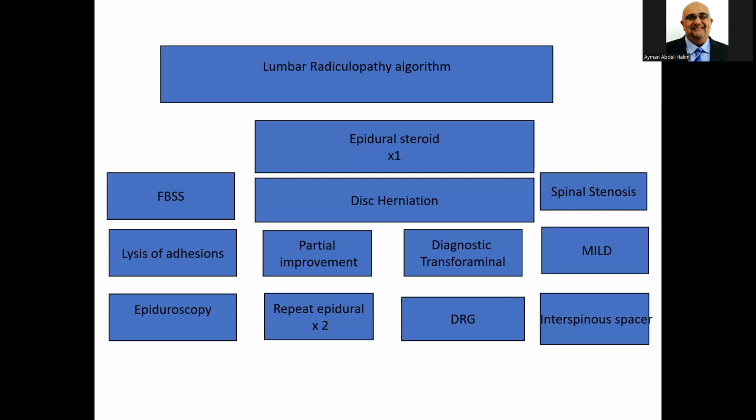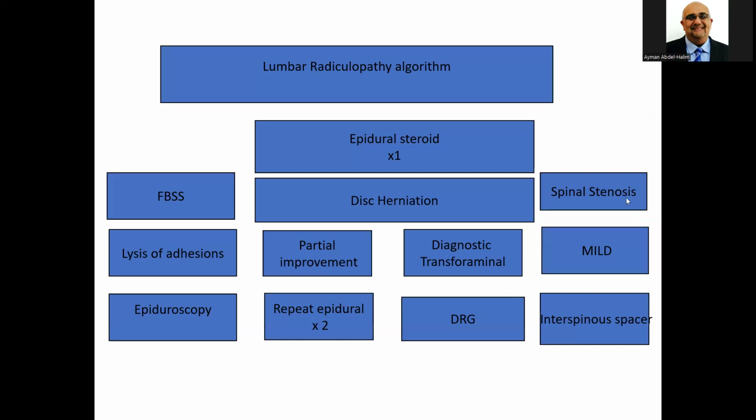Now, we have three conditions. We have disc herniation, we have spinal stenosis, we have failed back surgery syndrome. As far as failed back surgery syndrome, you can proceed with lysis of adhesions and epiduroscopy if needed.